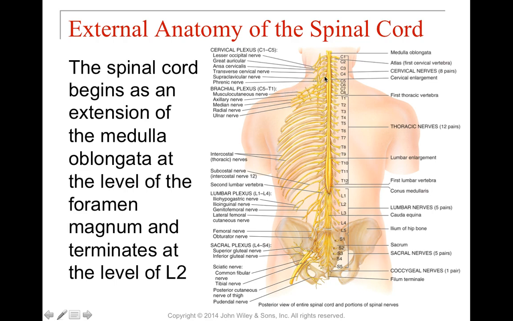And then as we move down, we're going to enter into the brachial plexus, which serves C5 through T1. So it's the second region of the cervical vertebrae that has its own plexus. This is going to service basically the upper limb.